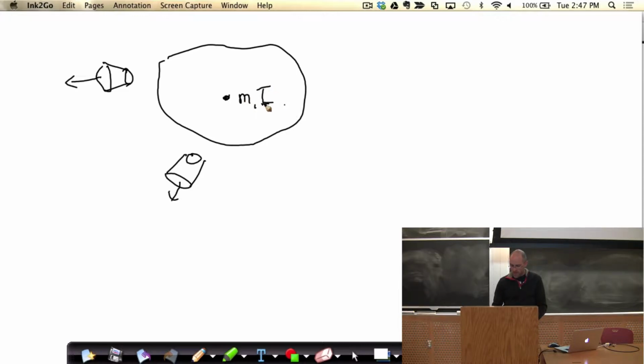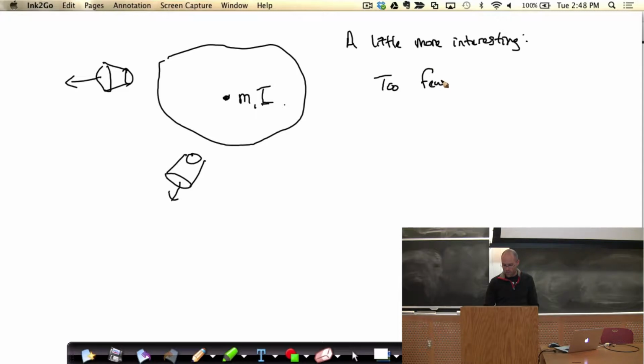Okay, but now let's say I have way too few thrusters. Maybe I only have 2 and I'm trying to stabilize in three dimensions or whatever, okay? But I'm allowed to move my thrusters, all right? That's the new game, right?